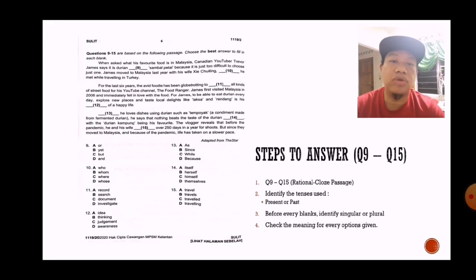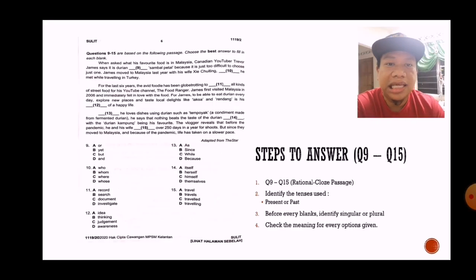Right, so let us look at the options given in number 11. A is record, B search, C document, and D investigate. So A, B, C, D. Record, search, document, or investigate.